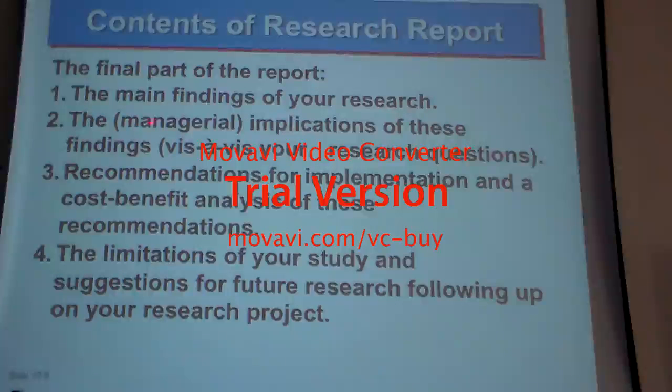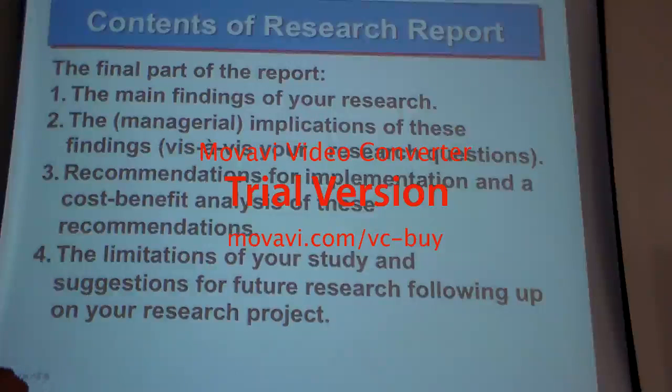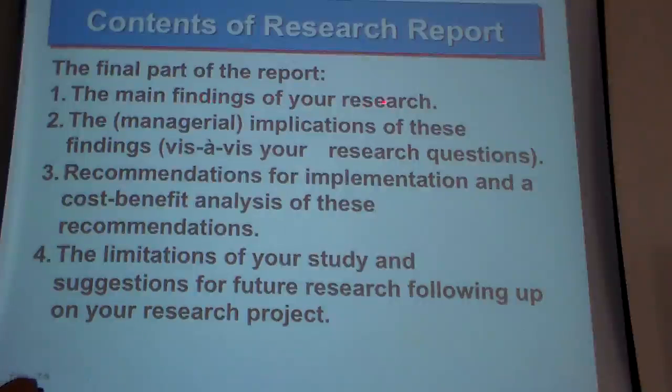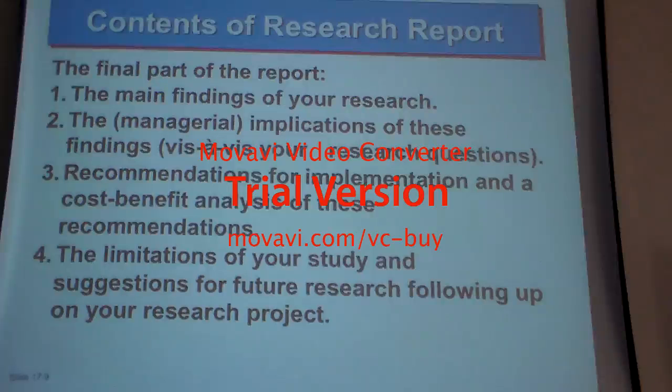The final part of the report has the main findings of your research, which is the discussion and conclusion. In discussion and conclusion, you will tell about the main findings, what you have concluded in your research, and the managerial implications of these findings. This is for people who are doing management and business.